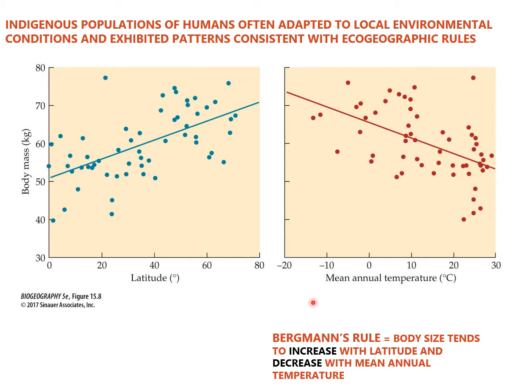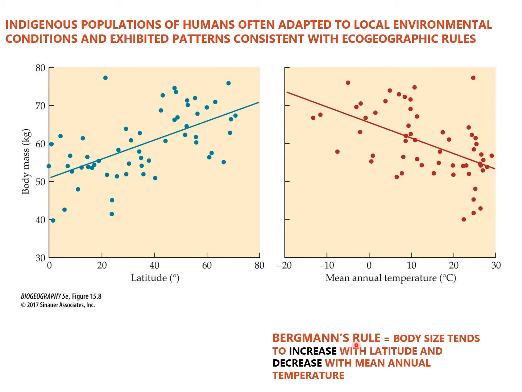One of those rules is called Bergmann's rule, which I already talked about a little bit, but we're naming it now, which is that body size tends to increase with latitude and decrease with mean annual temperature. Here you're seeing latitude, and as we increase in latitude, body mass of indigenous populations on the y-axis tends to increase, and it tends to decrease with increasing mean annual temperature.